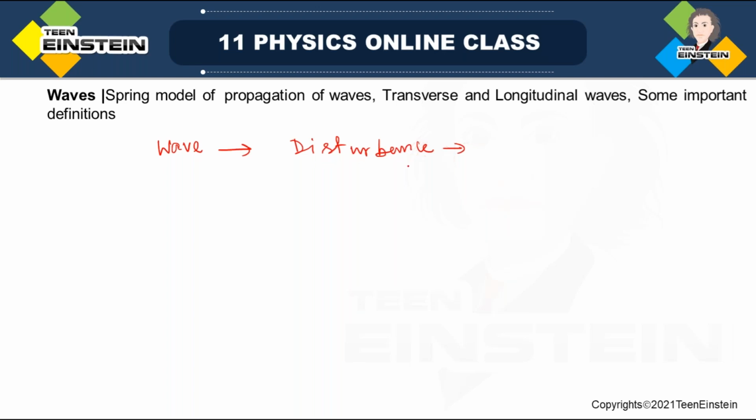Suppose there is a big crowd, so all of them move in some direction together, like some group of people move in that direction, then another group moves, then the next group moves in a particular direction. Okay, this is how a disturbance propagates. So this is also an example of how a wave propagates.